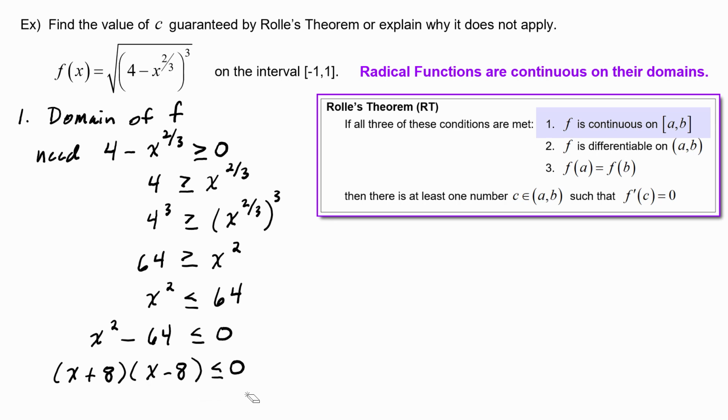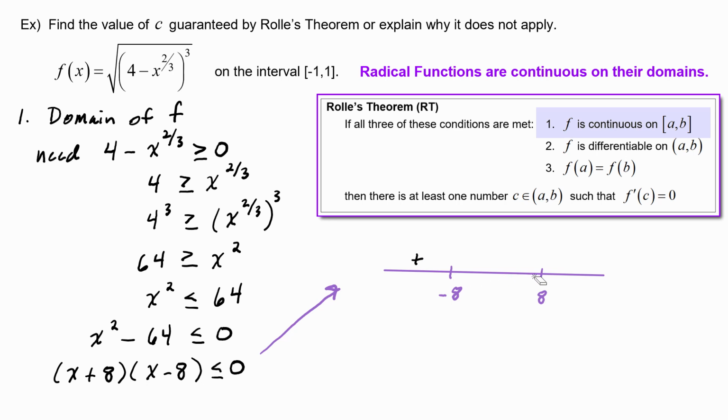Now, to solve this quadratic inequality, let's make a number line. From the first factor, we have -8 on our number line, and from the second factor, +8. And now we will do test points. In this interval, we could use a test point of -9, and we would have a negative times a negative is a positive.